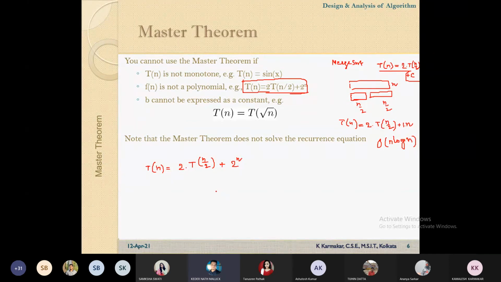Big O of, big O of 2 to the power n. Okay. Is it fine? We will come to this discussion whether it will be big O of 2 to the power n or not. So for this one, T(n) equals T of root over n.